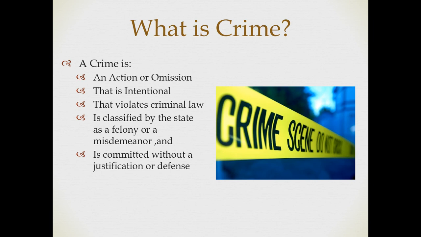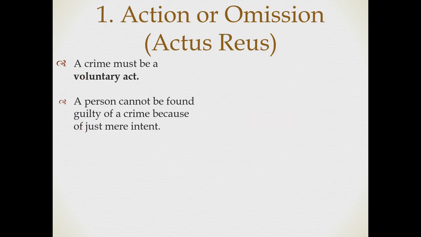But here's your definition. A crime is an action or omission that is intentional, that violates criminal law, is classified as a felony, misdemeanor, and or a violation, which I'll get to, and is committed without a legal justification or defense. Okay? So take a moment, make sure you jot that definition down word for word, and here we'll get started.